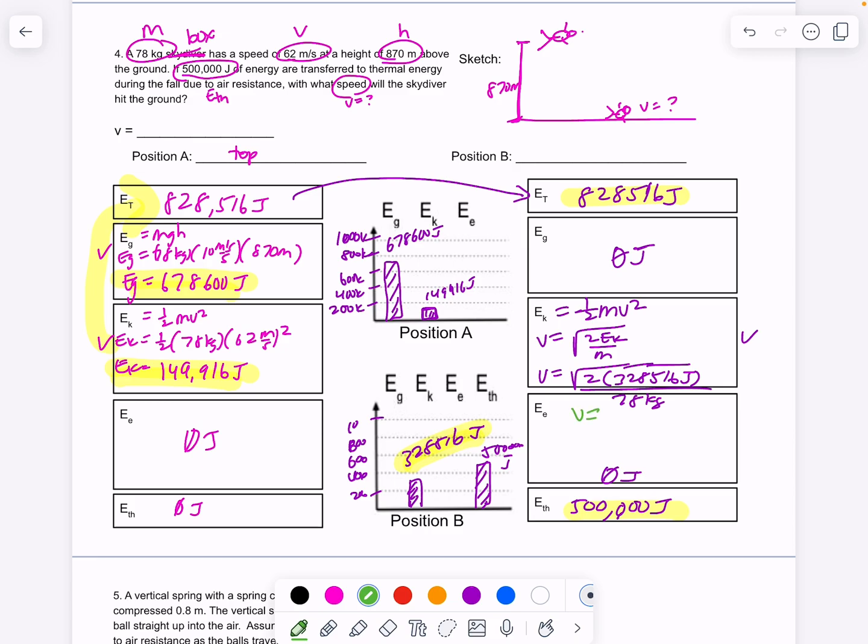And that means my velocity, 2 divided by 78, and then don't forget to square root it. 91.8 meters per second. So let's pretend that's not a person hitting the ground at 91.8. That's a little intense. But I guess if the parachute didn't open, there we go. Okay, good on that one.